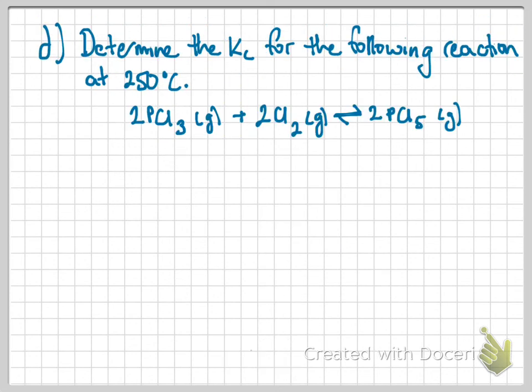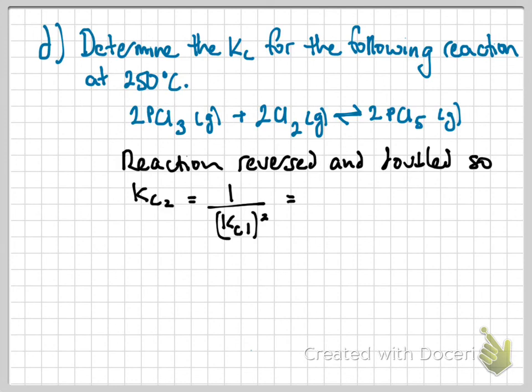Part D, determine the Kc for the following reaction at 250 degrees. So what you have to do is compare this reaction to the one you've already done. So the equation we've been writing a lot, this one is reversed and all the coefficients have doubled.